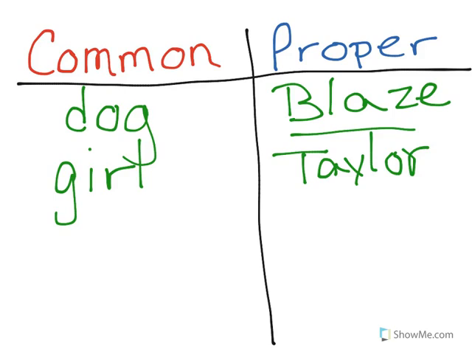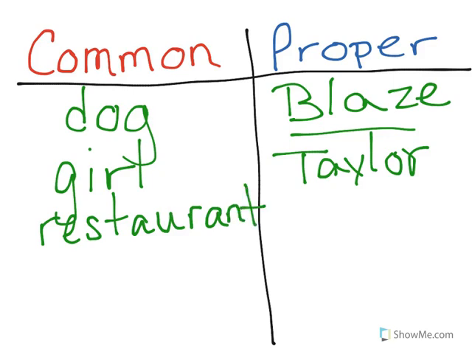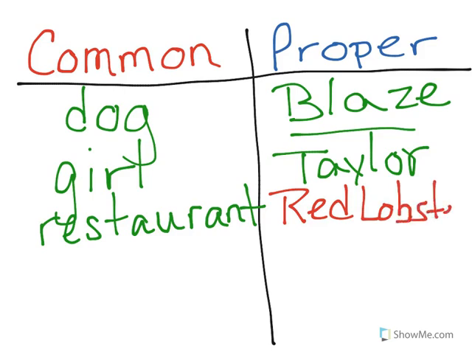If I said we went to the restaurant yesterday, restaurant is just a regular noun. It's a common noun. It does not name a specific restaurant. But if I said we went to Red Lobster yesterday, Red Lobster is a specific restaurant. We would need to capitalize red and lobster.